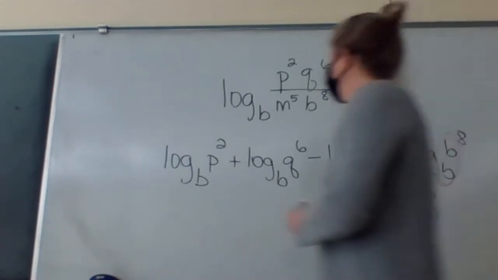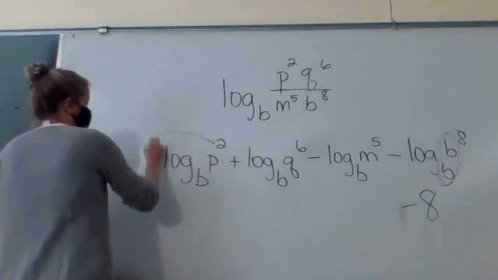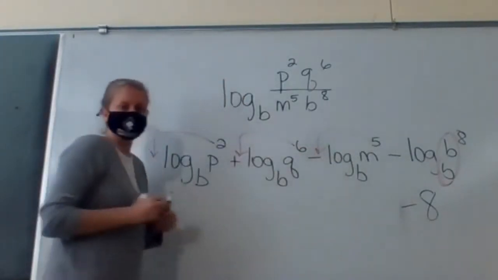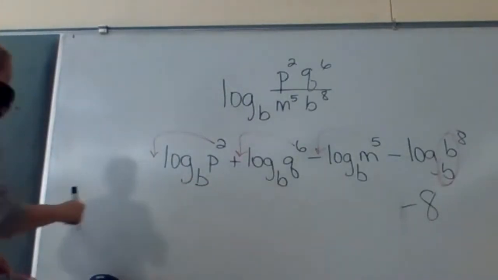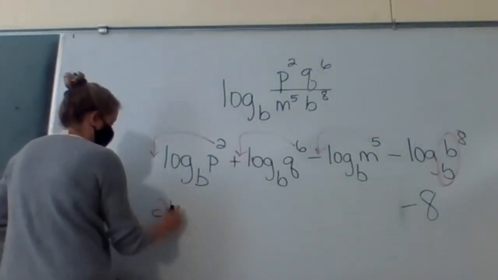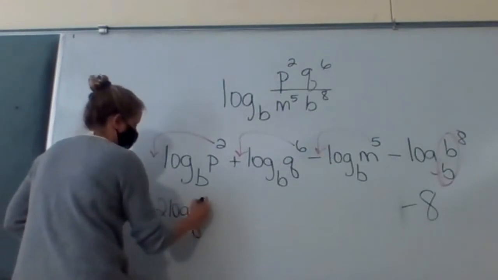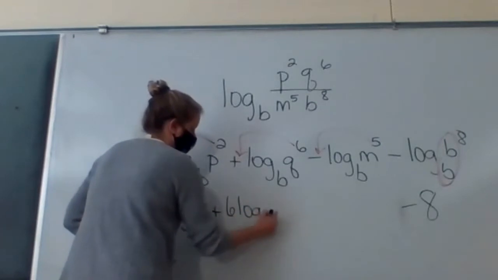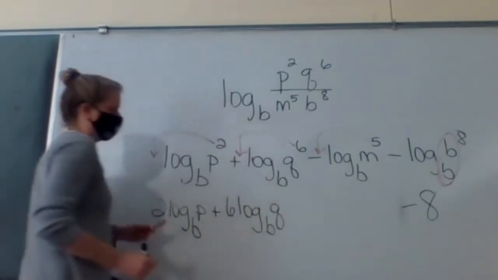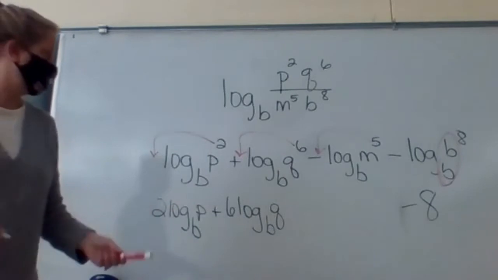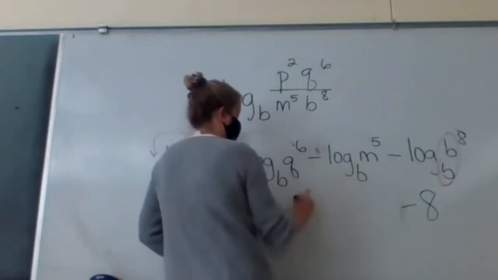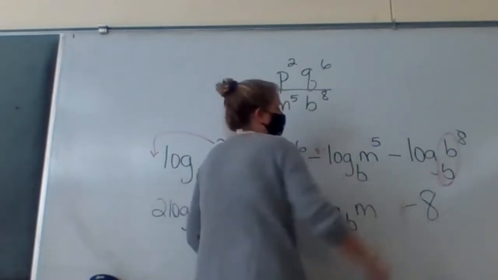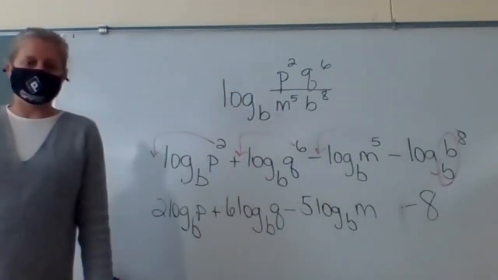So now, bringing down the rest of those exponents, I'm going to have 2 log base b of p plus, bring the 6 down, 6 log base b of q minus 5 log base b of m, and then minus 8.